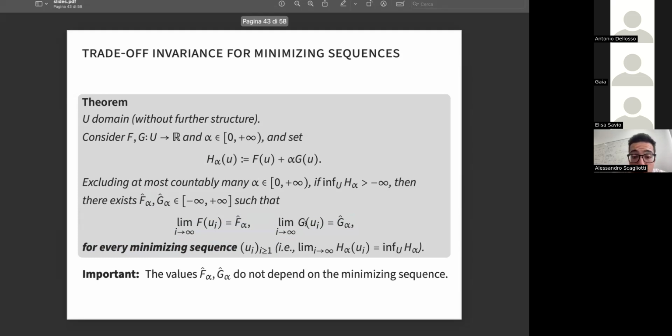Okay, so what is crucial is that these limiting values of f and g do not depend, of course, on the minimizing sequence.